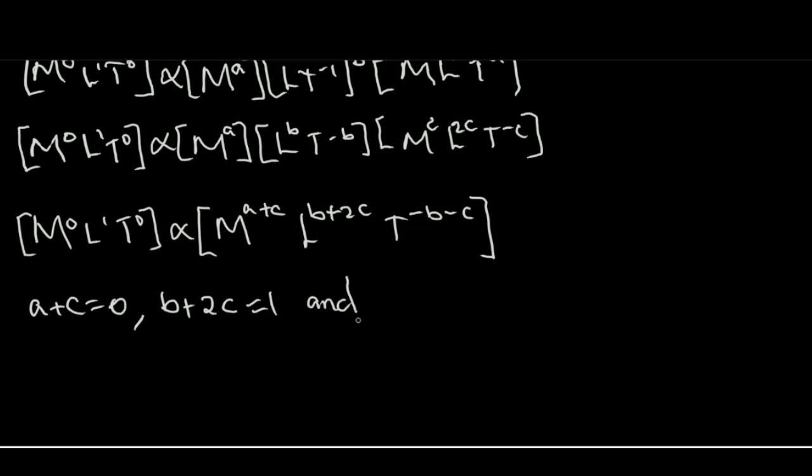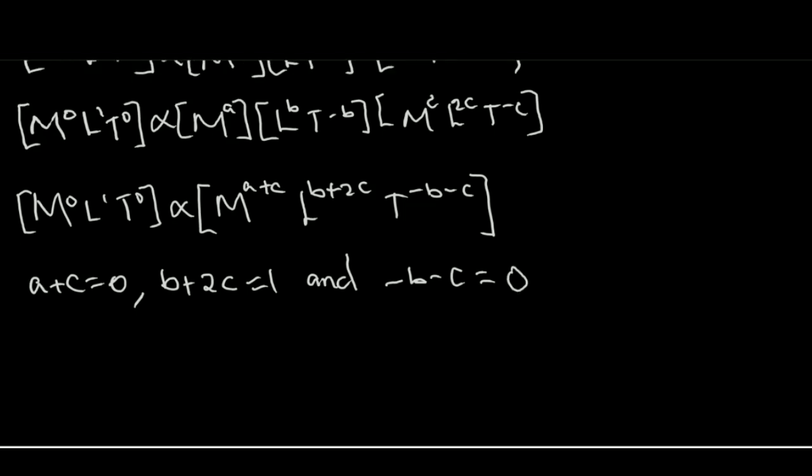And for t, I have negative b minus c on my right, and on the left it is equal to 0. So these two are equal. From this, we simply have three equations which can be solved simultaneously.